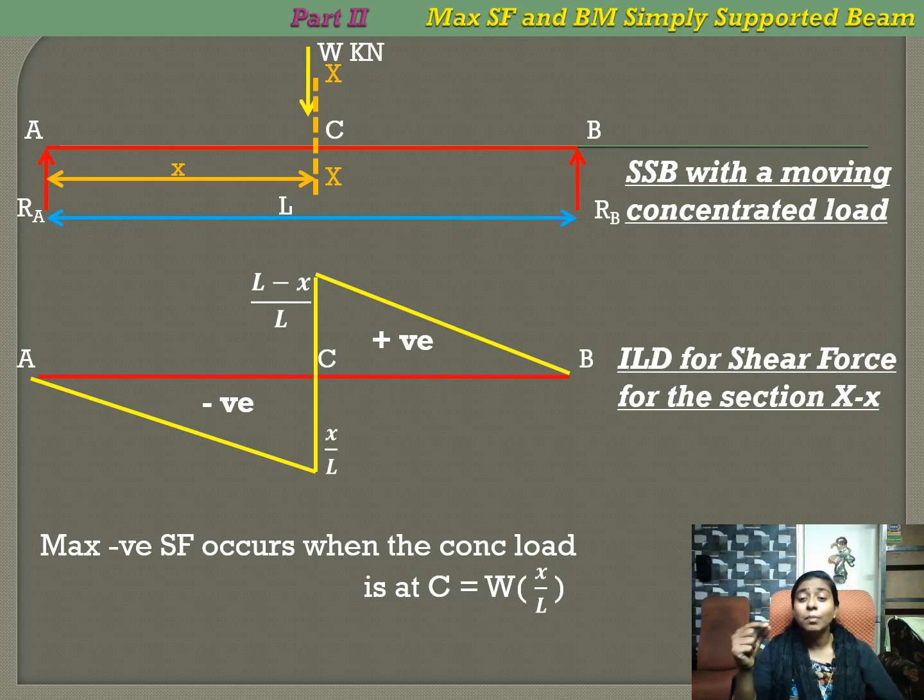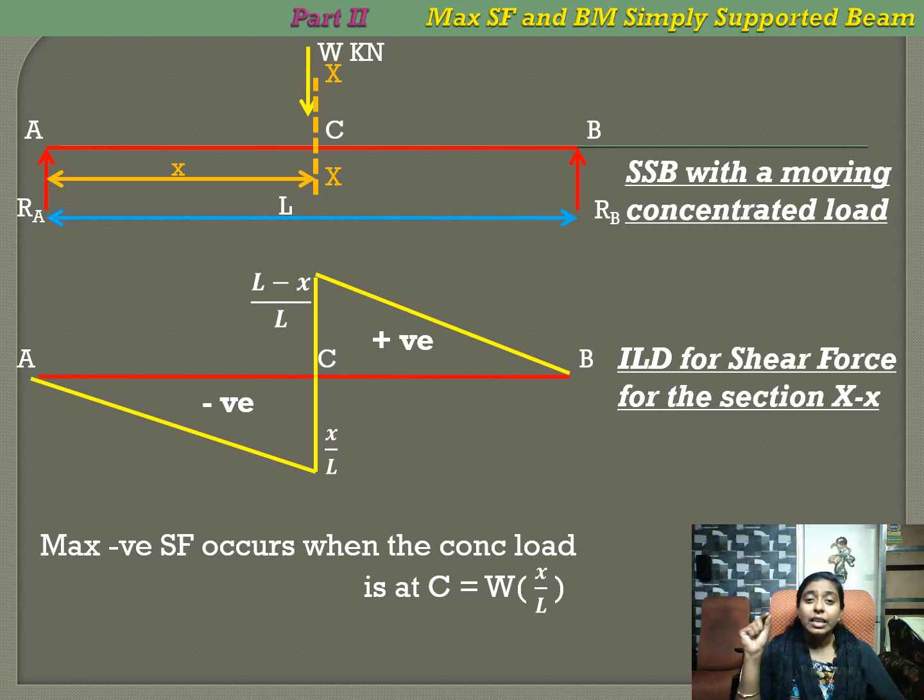So the maximum ordinate is at C, maximum negative and positive ordinates are at C. So we will have maximum negative shear force when the concentrated load is at C, and maximum positive shear force when the concentrated load is at C.